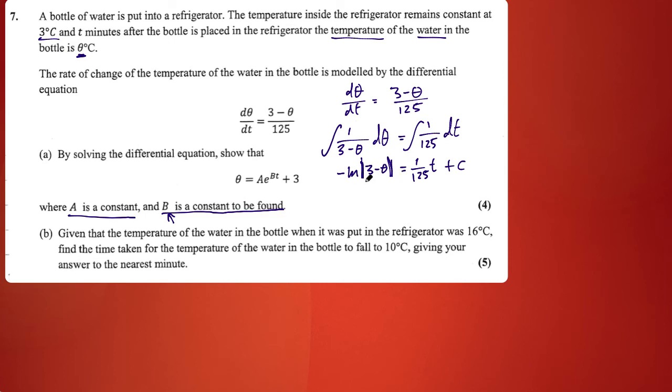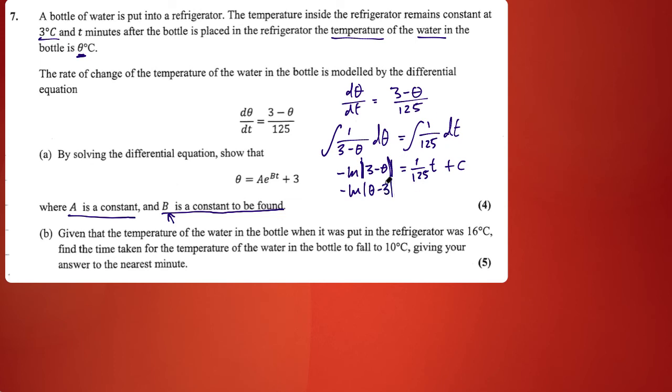Has to be positive in order to be able to apply ln to it. So actually, when we see this, we could swap those round. If theta is going to be higher, theta minus 3, it would give me the same value. If theta was 10, for example, instead of getting minus 7 in there, I'd just directly get 7. This doesn't matter so much because everything will resolve itself in the end, but it is worth knowing about, particularly if you're looking at mark schemes.